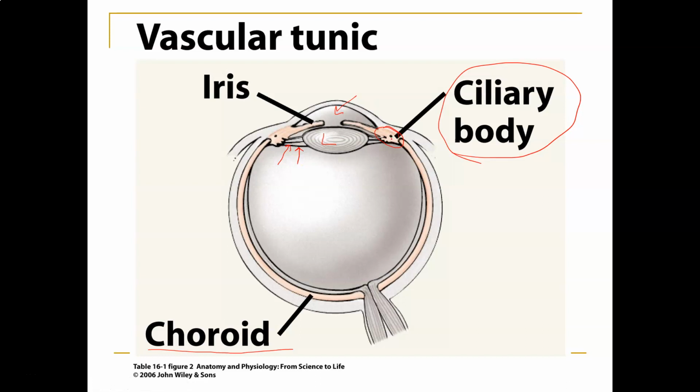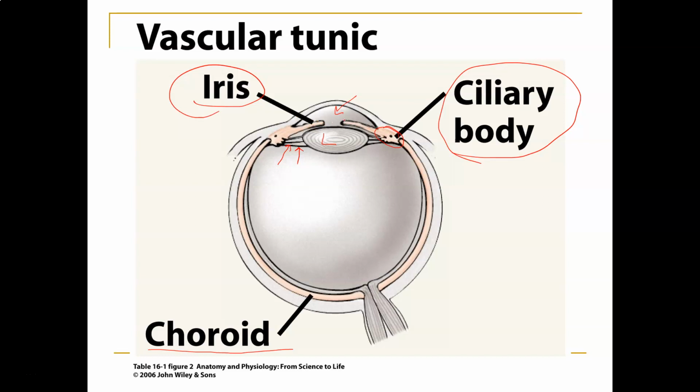And the ciliary body has smooth muscle in it that contracts and relaxes, pulls on these strings, and helps change the shape of your lens. So we'll talk more about that a little bit later. So controlling the shape of the lens is a big role of the ciliary body. And then as you move even more anteriorly, you get to the third part of the vascular tunic, the iris.